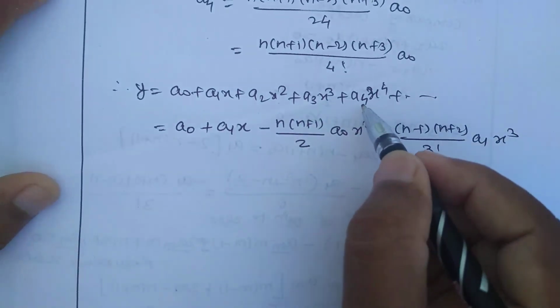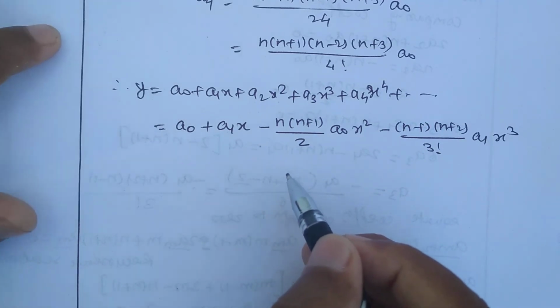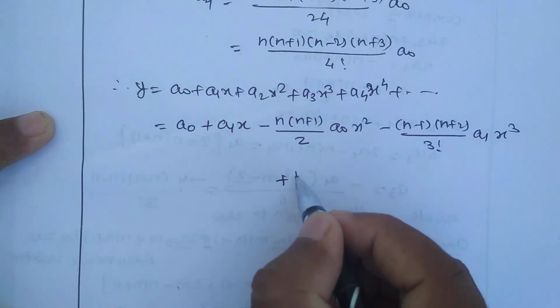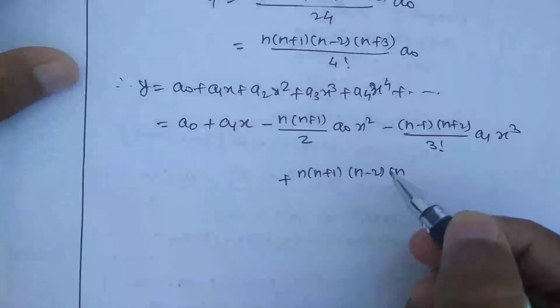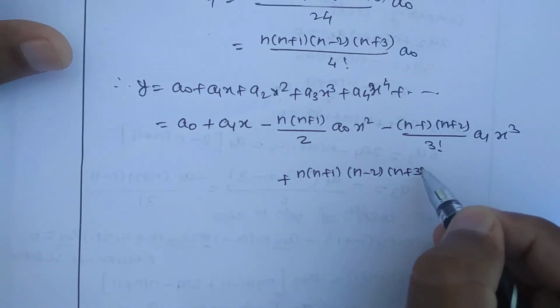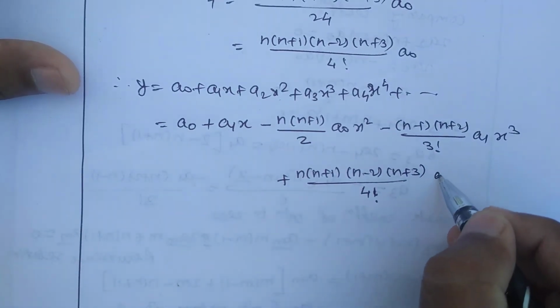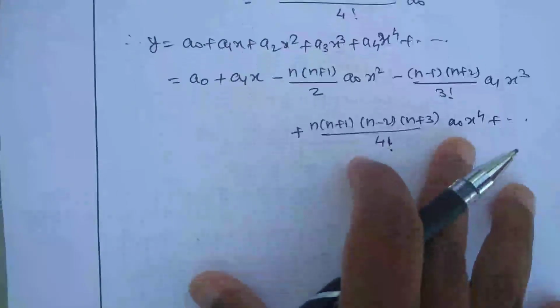Then next term is a4. Value of a4 is plus times n into n plus 1 n minus 2 n plus 3 upon 4 factorial a0 x raised to 4 plus dot dot dot.